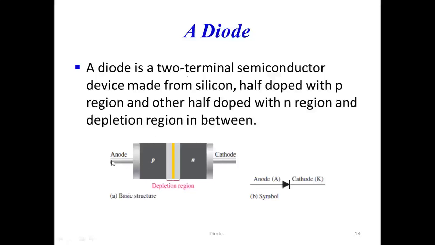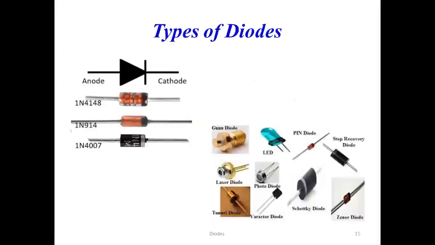The terminal which is connected to the P region is known as the anode, and the terminal which is connected to the N region is known as the cathode. And this is the symbol of a diode. One small triangle along with this bar is the symbol of a diode. Now, student, these are the different types of diodes.